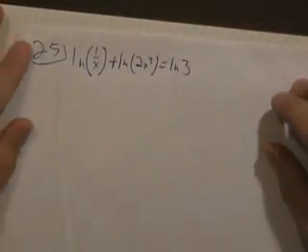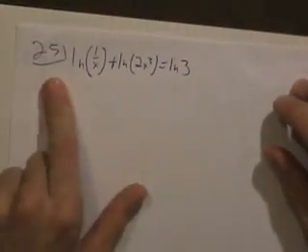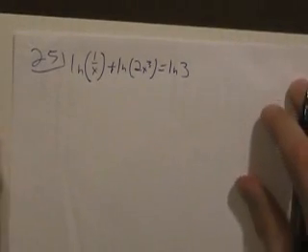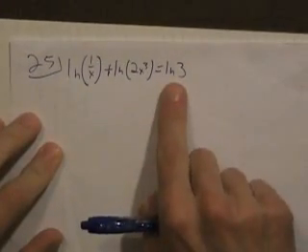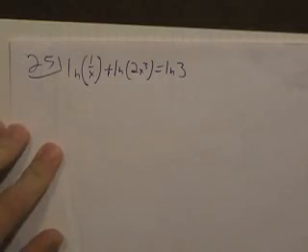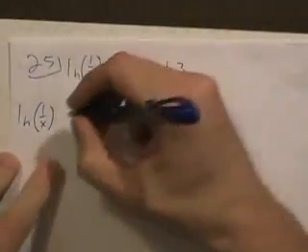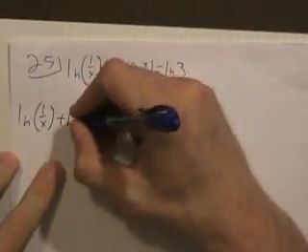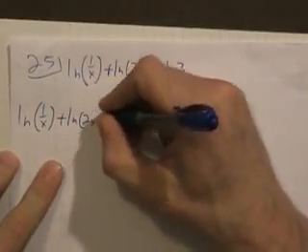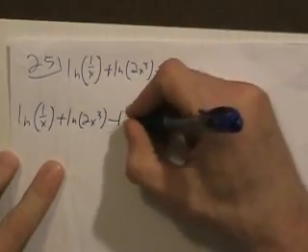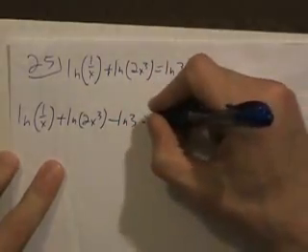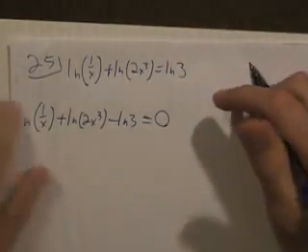Well, it's fortunate since we have the ln's on all three pieces. One way that you could do it would be to take this over on the other side and then condense everything. So let's write it that way. We'll have ln of 1 over x plus ln of 2x cubed minus ln 3 equals 0. So then condense this.